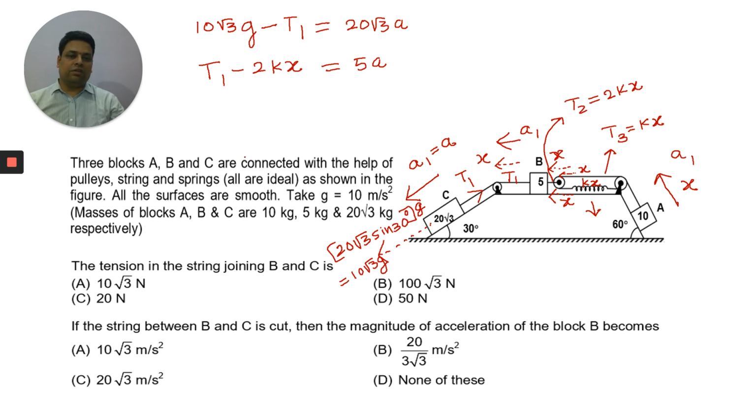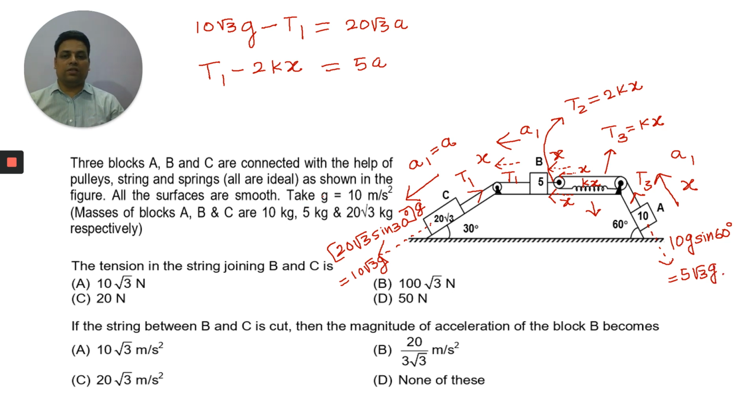And for this block A, the tension in the string is T3, and you would have 10g, that is mg sine 60, down the incline. That would give us 5 root 3 g.